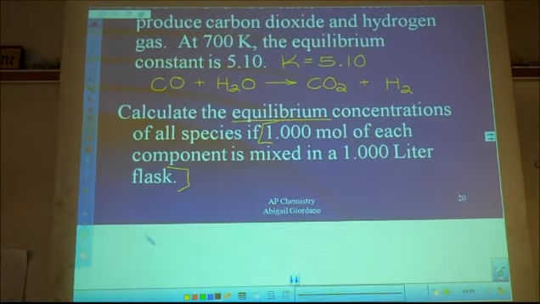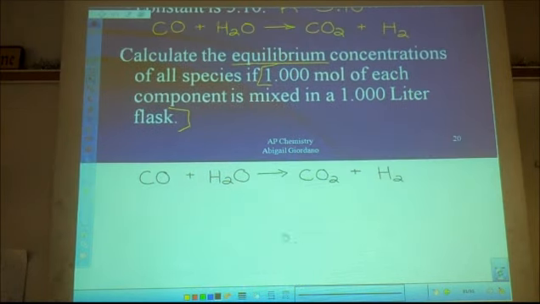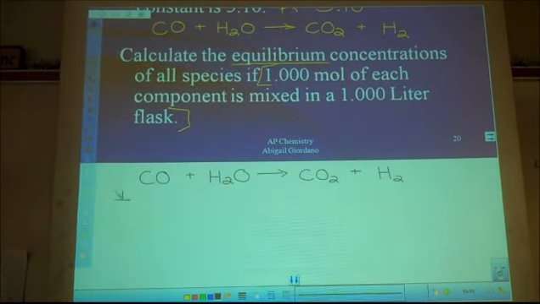Okay. So first thing I want to do, I'm just going to copy down that equation so I can write something underneath it. I, C, E. Okay? Initial conditions. Initial what?